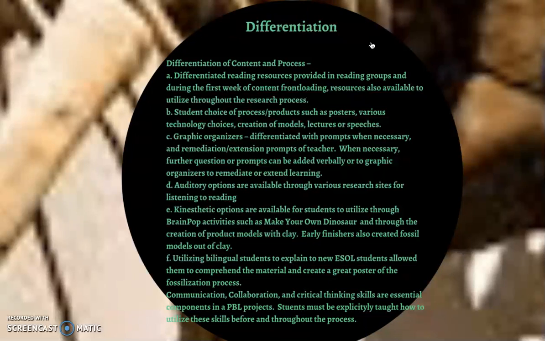Some of them were differentiated with prompts when necessary to remediate or extend. Sentence stems were provided. Auditory options were available through various research sites for listening to reading. As mentioned before, kinesthetic options were available for students to utilize, such as on BrainPop, make your own dinosaur, and then through the creation of product models with clay.